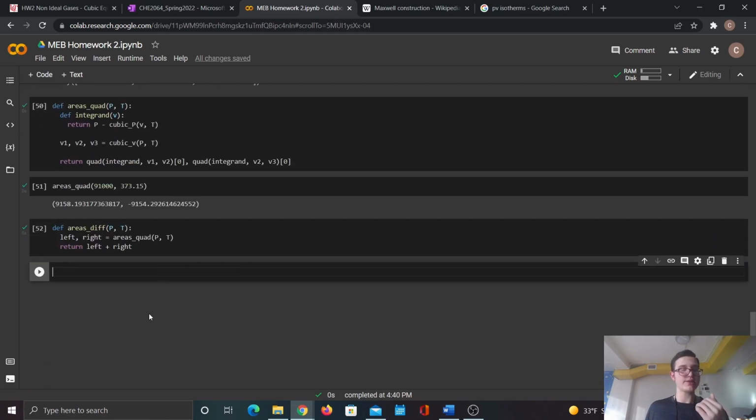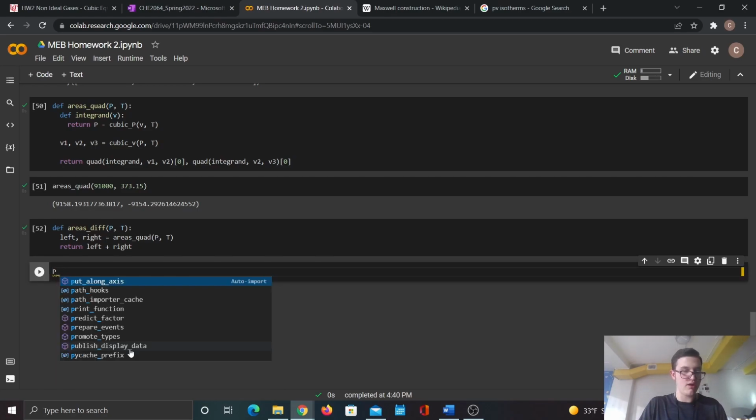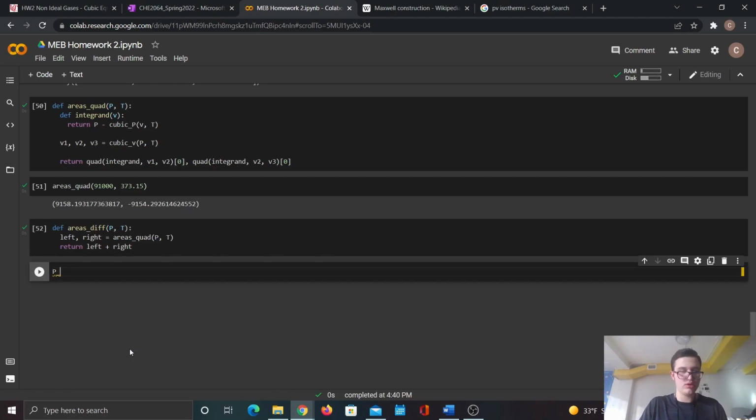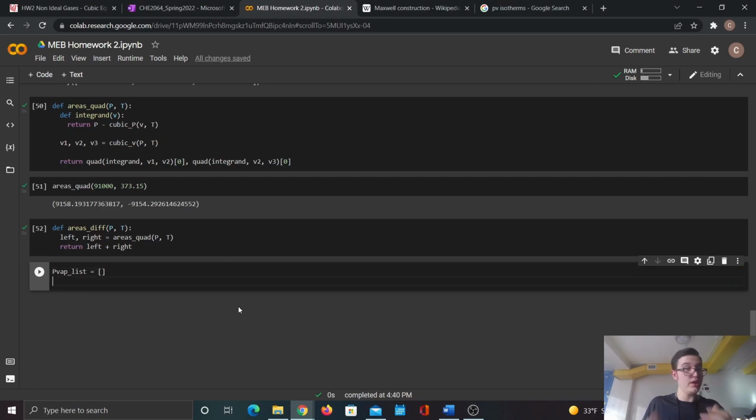In order to create this graph, we want to do the same thing except for one line that is going to be a specifically correct line. So let's call it P VAP, P VAP list. There we go. Equals there. It is now a list.